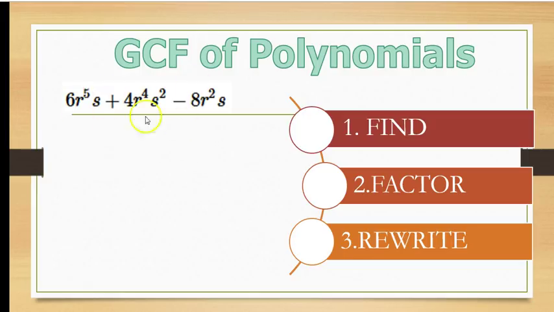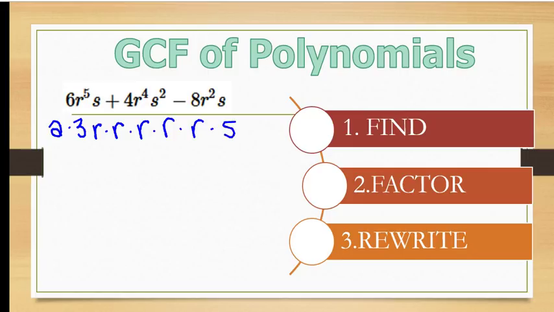Alright, so let's take a look at this one. This one has 3 terms. It's a little bit more difficult, but not so much. Looking at the first term, 6 is going to be 2 times 3. R to the 5th is r times r times r times r times r. And then we have times s.